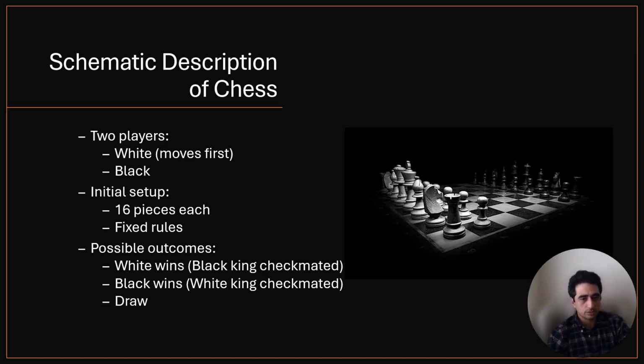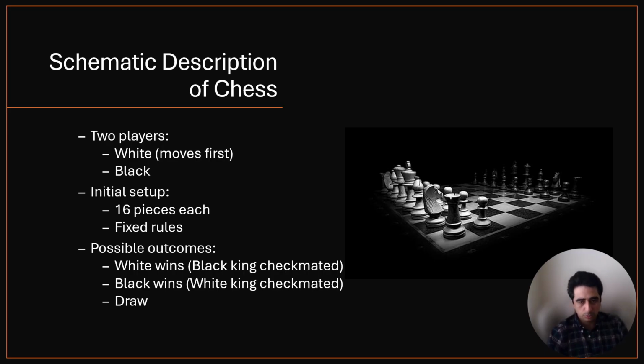We have two players. We call them white and black because they use different colors of pieces. White is the one that moves first, and then black moves second, and then we have alternating turns. The initial setup is you have 16 pieces for each player, 16 white pieces, 16 black pieces, and the rules are fixed.